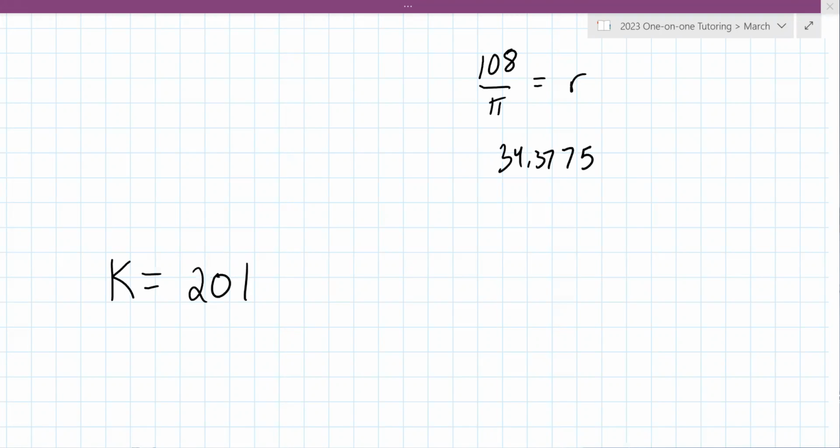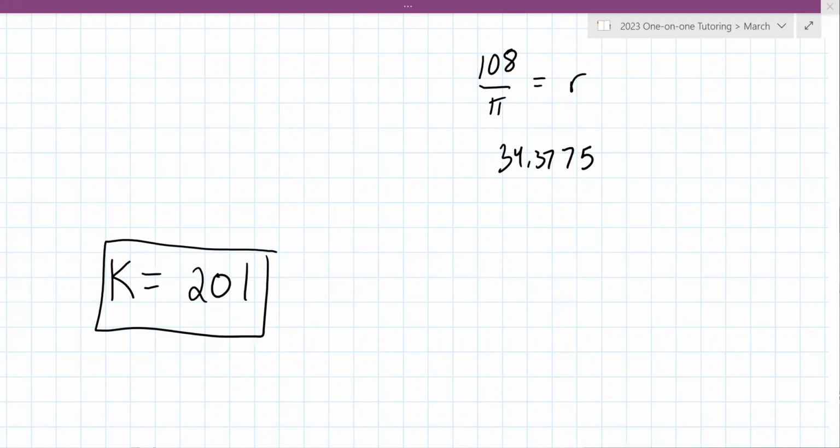Oh wait, one second. Do you see a clue or something? You just write K equals 201. That's your clue.